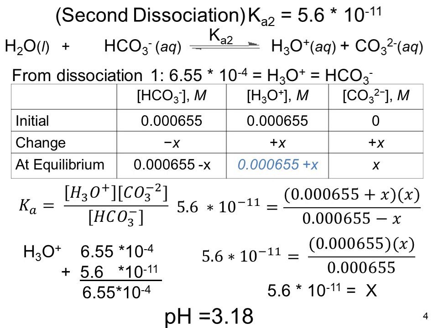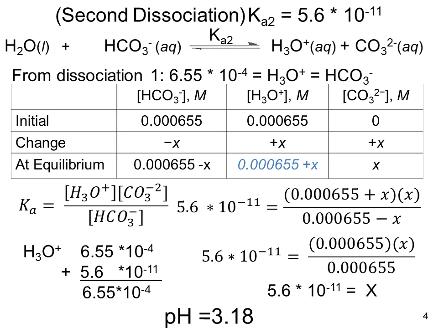So what we need to do here is plug in our Ka, set up our HCO3- concentrations and our H3O+ concentrations into our ice table. And then when we solve, we're basically going to make the assumption that x is really, really small. And that's a perfectly reasonable assumption to make. In fact, what we're going to find is that x is equal to 5.6 times 10 to the -11th.